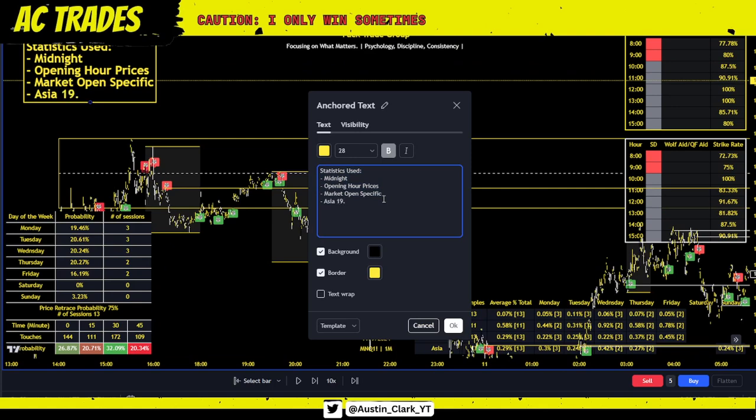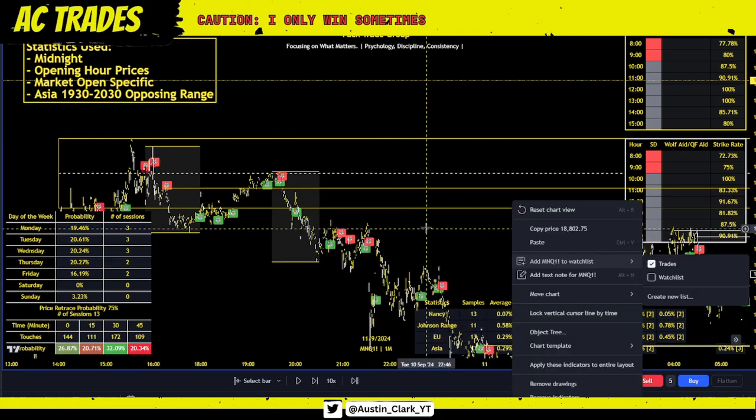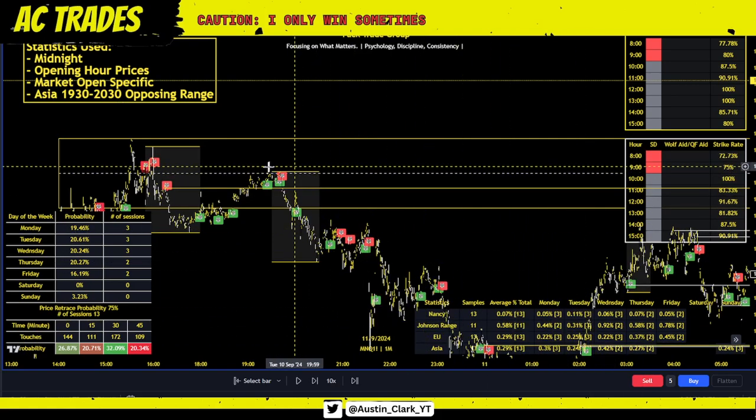Asia 1930 to 2030, closing range. And what I'm talking about here is right here.